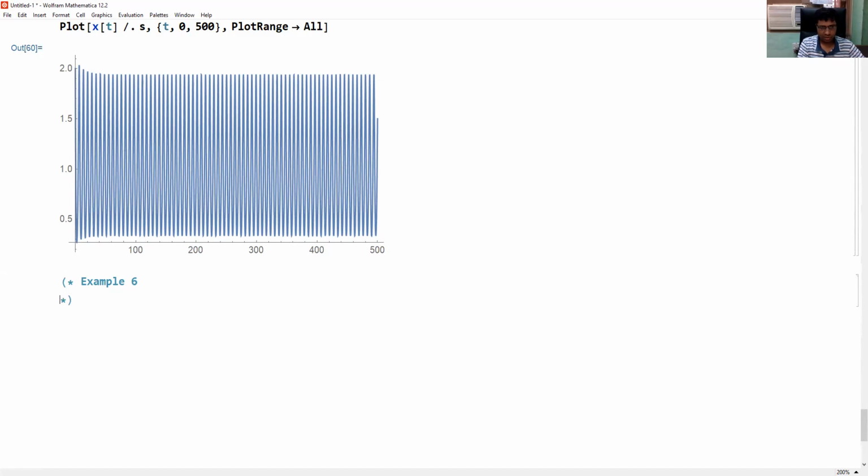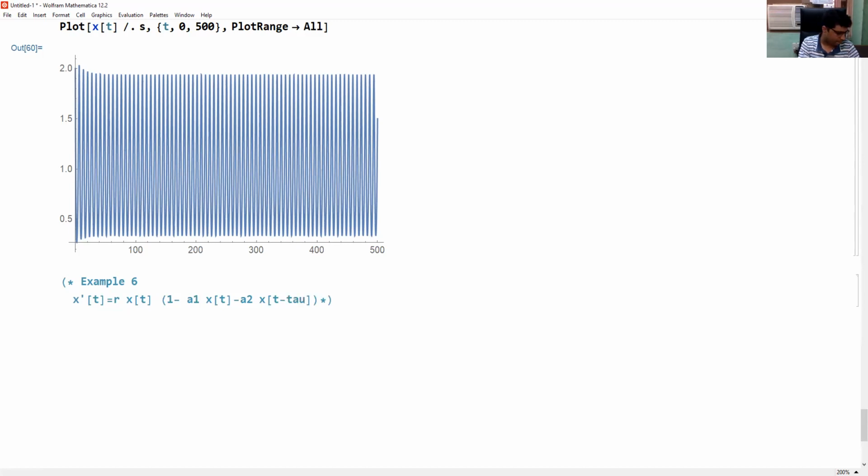I will take one set of parameters, and you are asked to verify these results for different sets of parameters. I'm writing here the system: x dot of t equal to r into x of t into 1 minus a1 x of t minus a2 x of t minus tau.